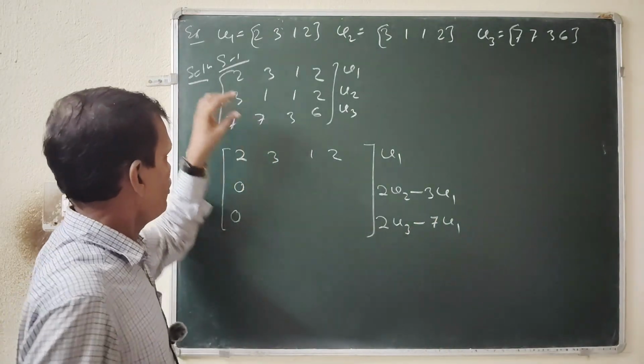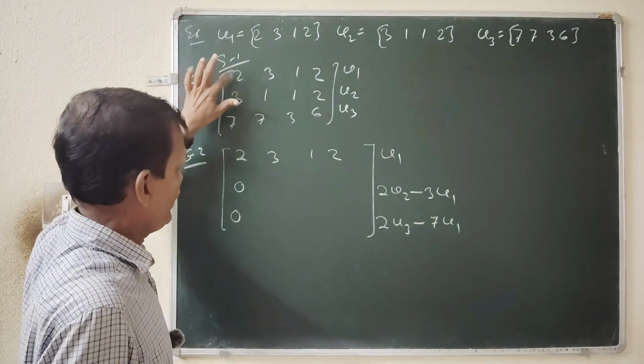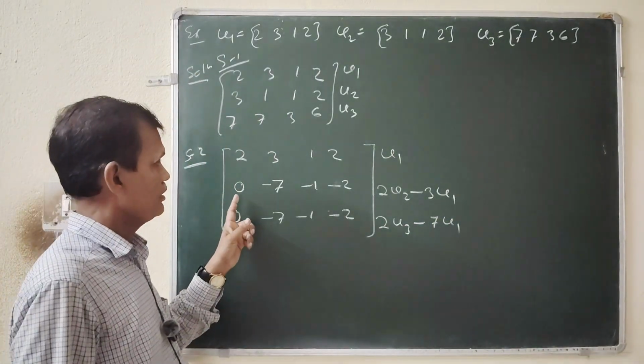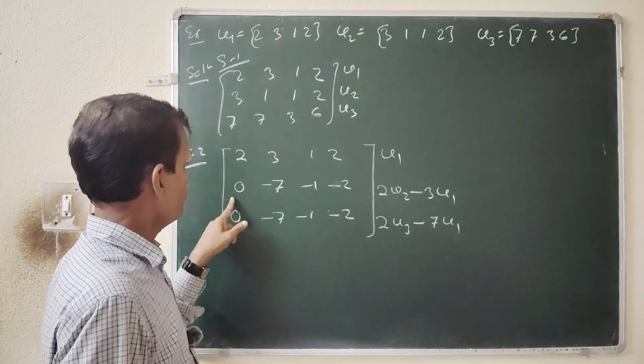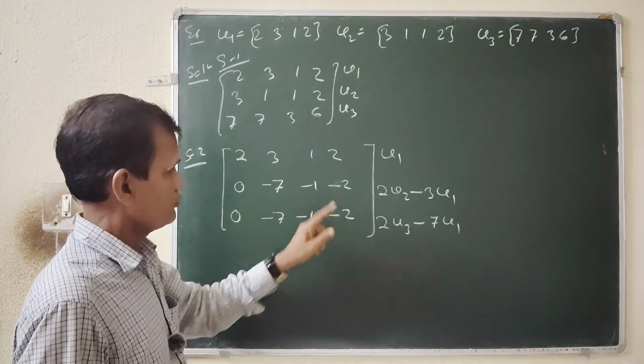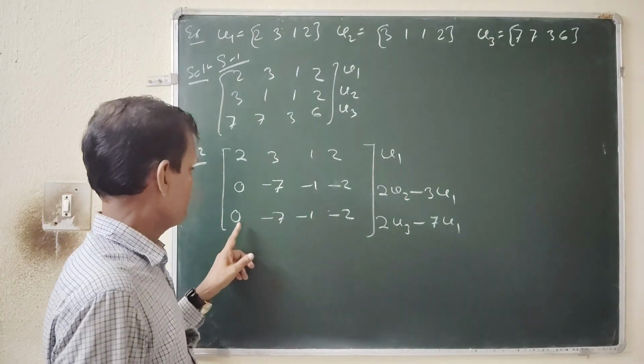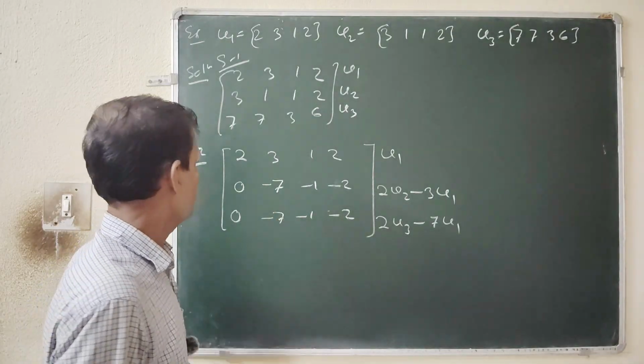You see, we are always operating with v1. So by these row operations, we get row 2 as 0, minus 7, minus 1, minus 2, and by 2v3 minus 7v1 we get 0, minus 7, minus 1, minus 2.